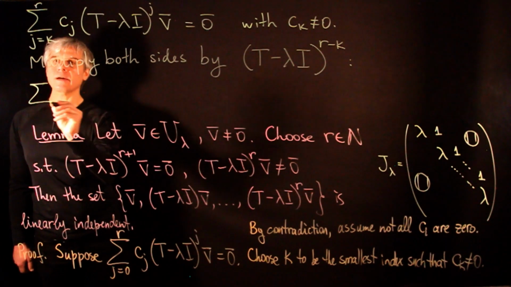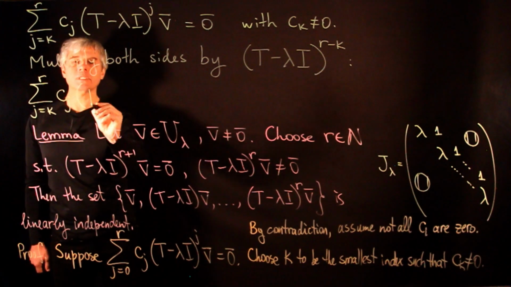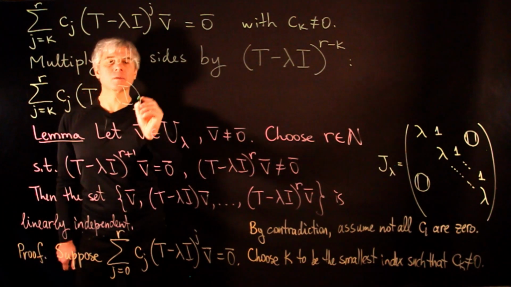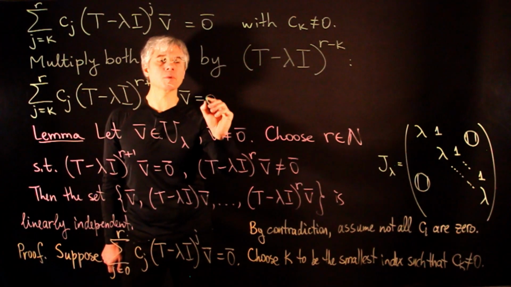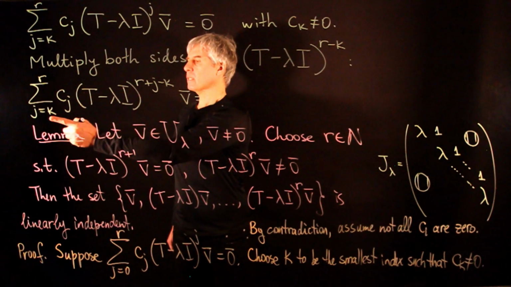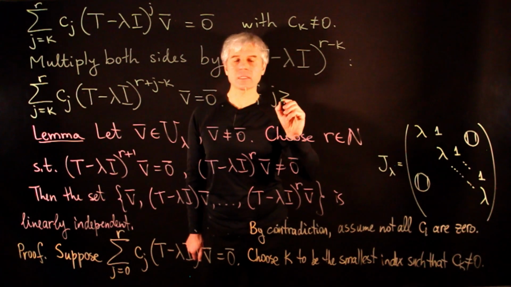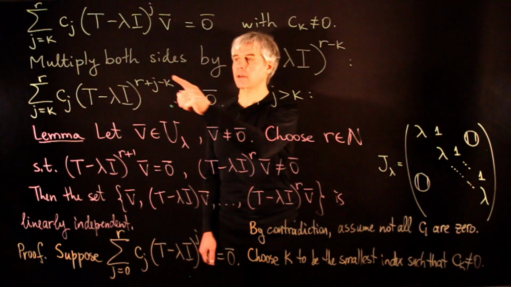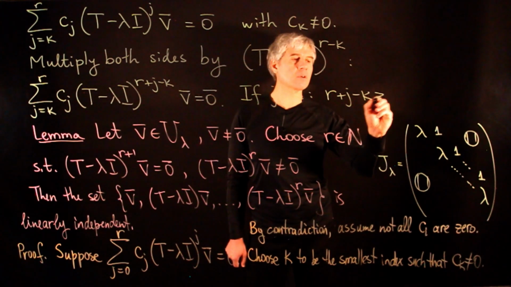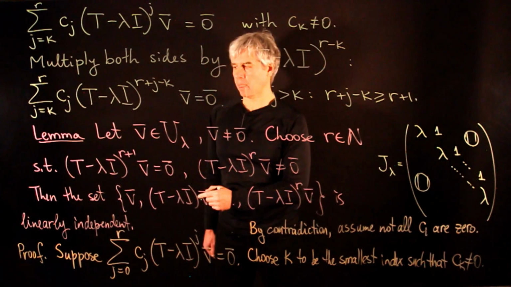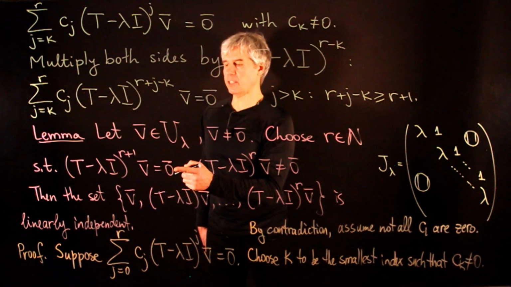Then we get the sum, j goes from k to r, c_j times (T minus lambda I) to the power r plus j minus k acting on the vector v is equal to a 0 vector. Here in the sum, j goes from k to r. So if j is strictly greater than k, then this exponent r plus j minus k is greater or equal to r plus 1. And by assumption of our lemma, all these terms are automatically going to vanish.